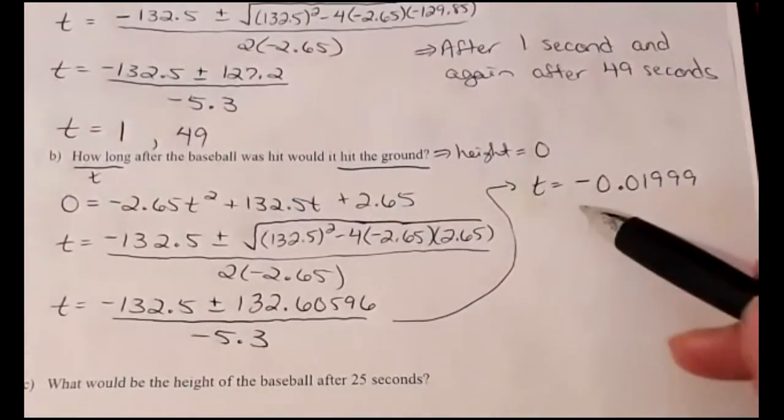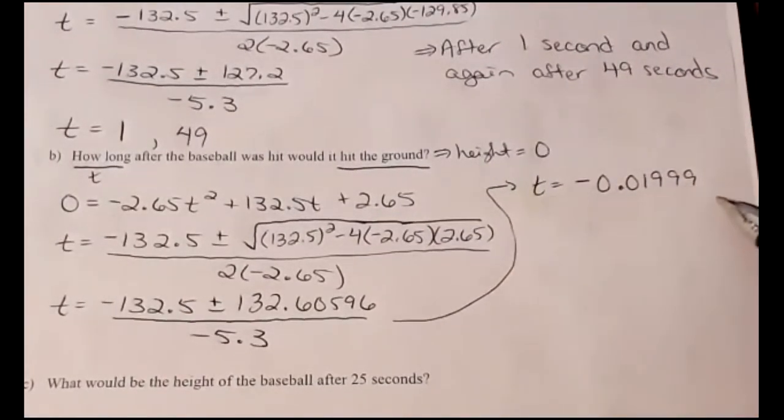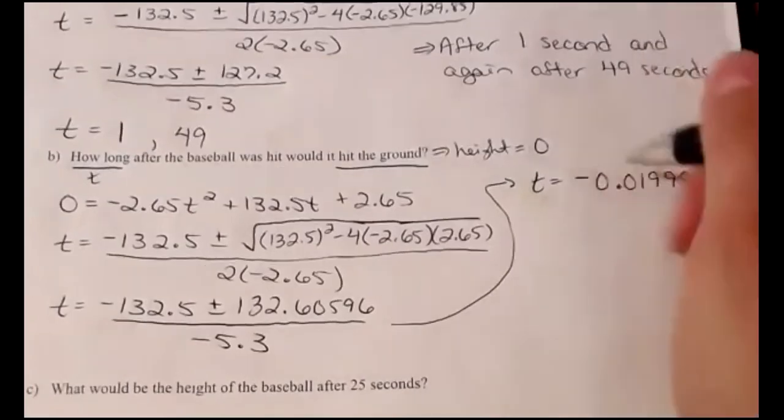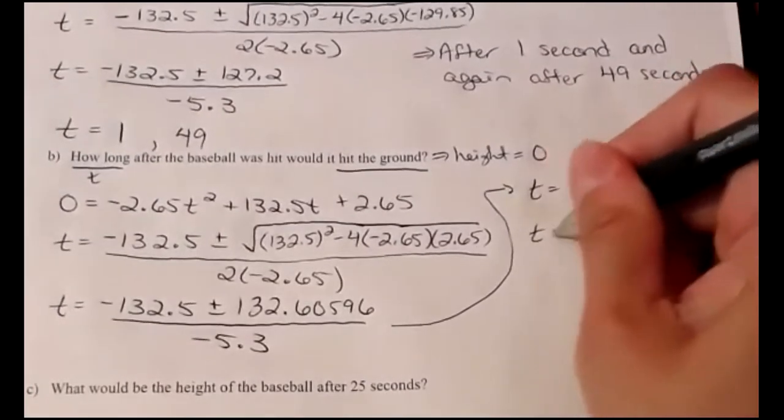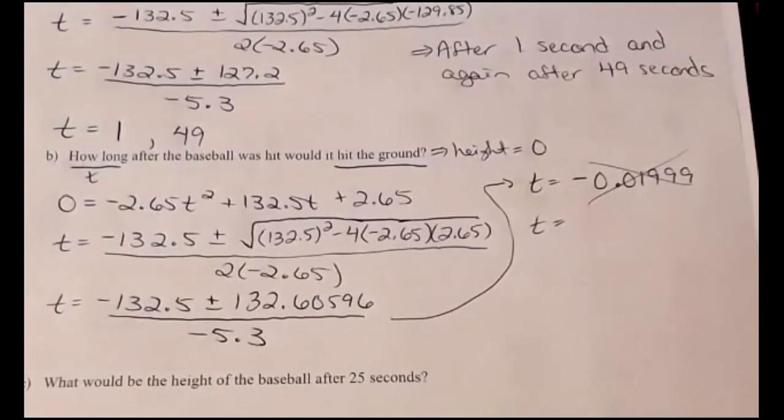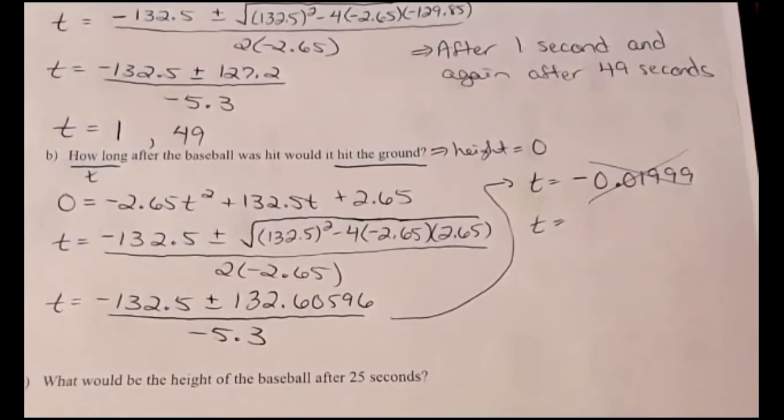Okay. Obviously, this doesn't make any sense. We want to know how long after the baseball was hit would it hit the ground. Negative time doesn't make any sense. So let's do the second one. Negative 132.5 minus 132.60596. And then, of course, divide that by negative 5.3.